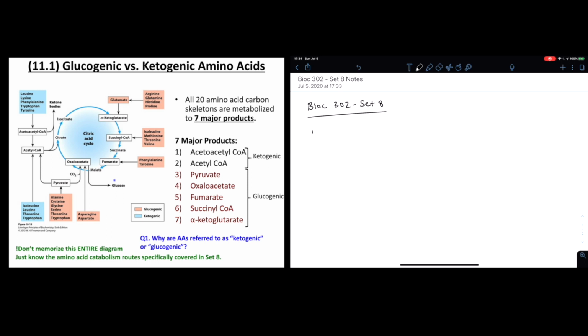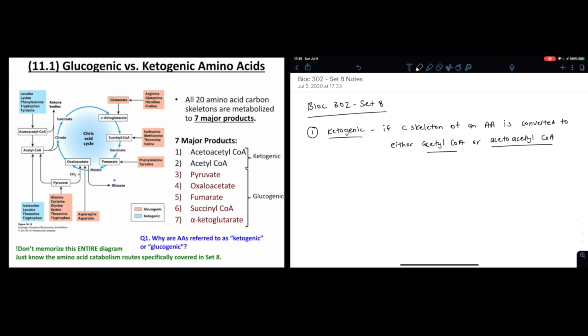Okay, so let's answer question 1. Amino acids are referred to as ketogenic if the carbon skeleton of an amino acid is converted to either acetyl-CoA or acetoacetyl-CoA.